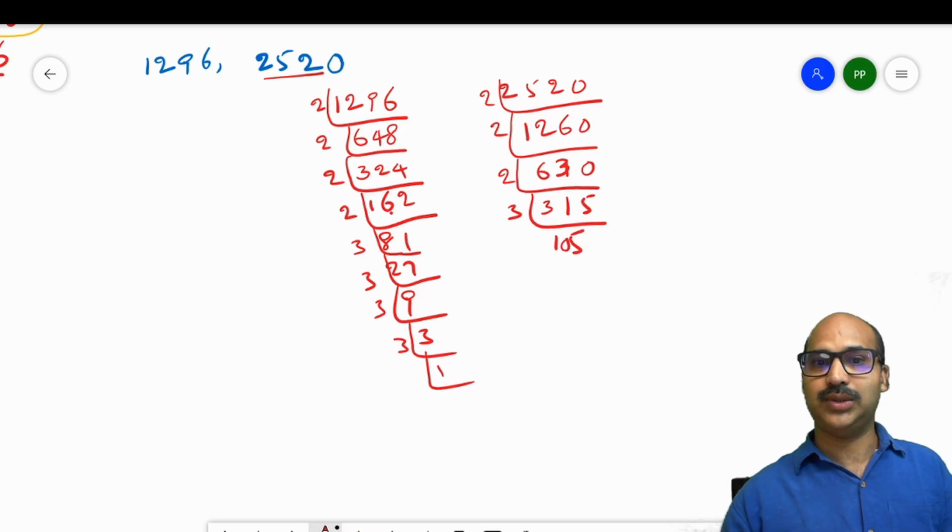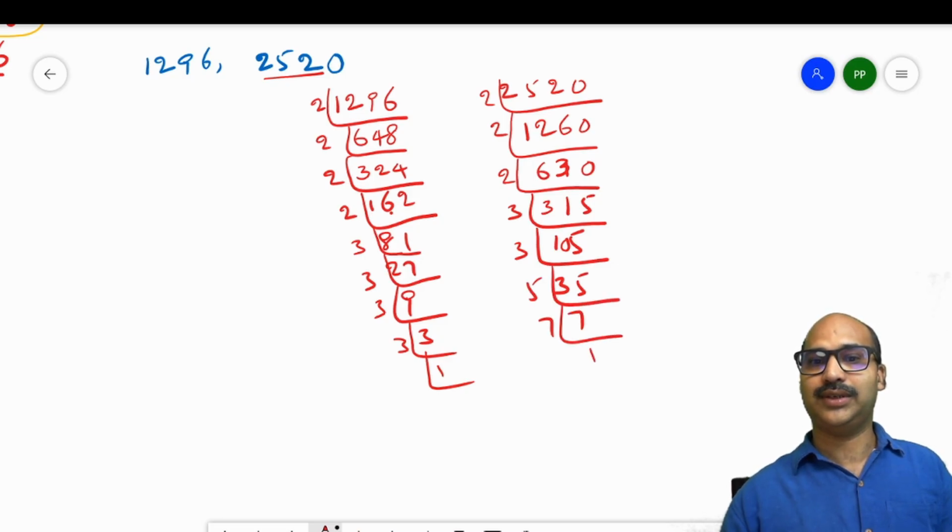As 15 is a 2-digit number, we have to put 0. Again 3 3s are 9, 1 5, 3 5s are 15, 5 7s are 35, 7 ones are 7.